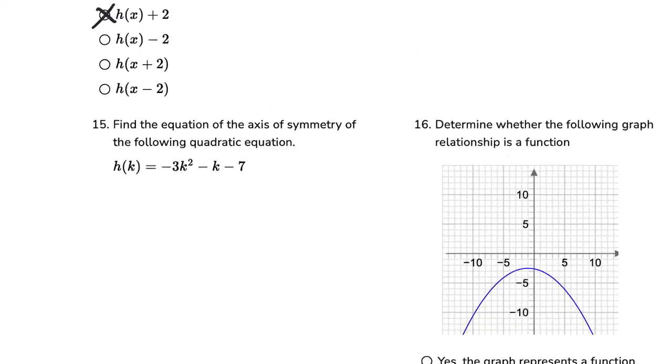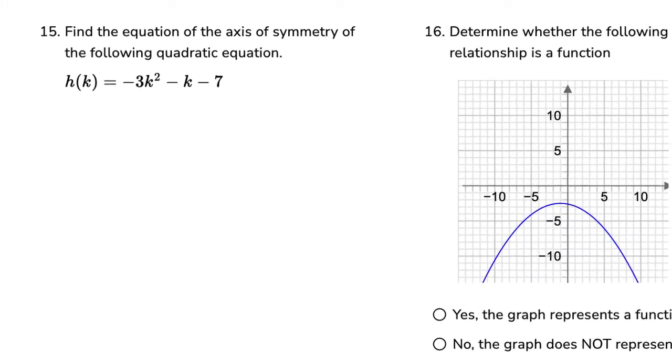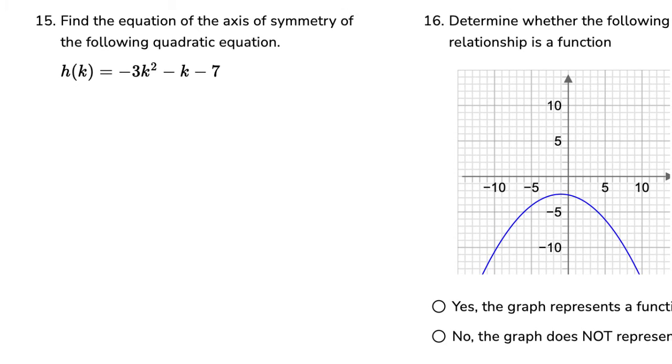or intersect. Problem 15. Find the equation of the axis of symmetry of the following. We had a formula for that. Axis of symmetry from the standard form. A is -3. B is -1. And C is -7.